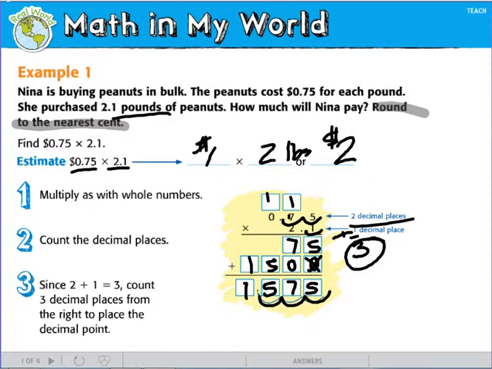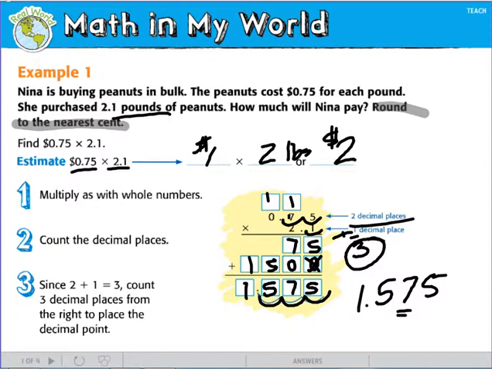Okay? Now this says round to the nearest cent, right? So if I have this as my answer, how many decimal places can I have for cents? Can I have 3 decimal places for cents? No. So how many decimal places can I have for cents? 2. So if I'm going to round to the nearest cent, I have to round to this place value, right?